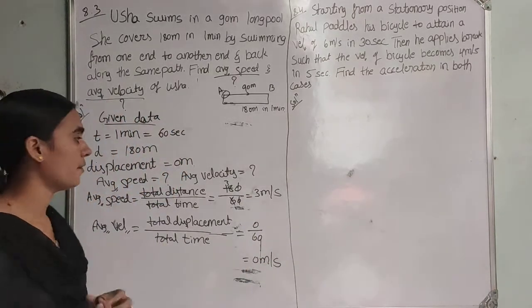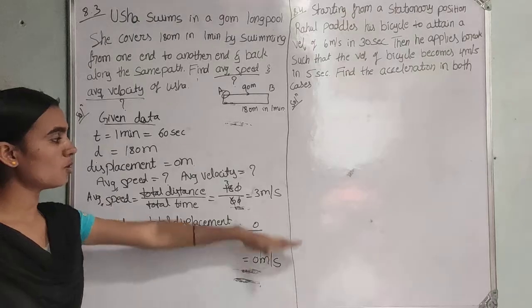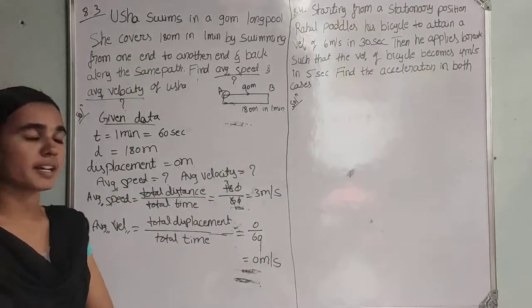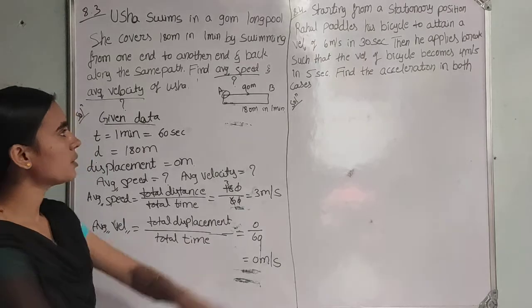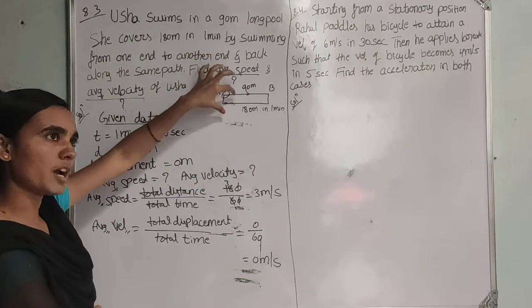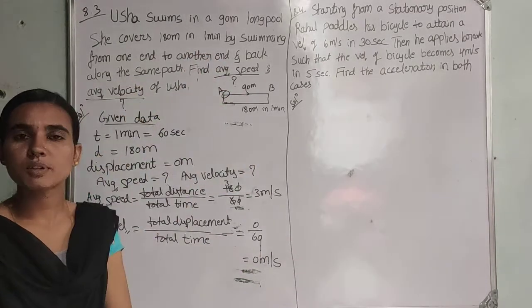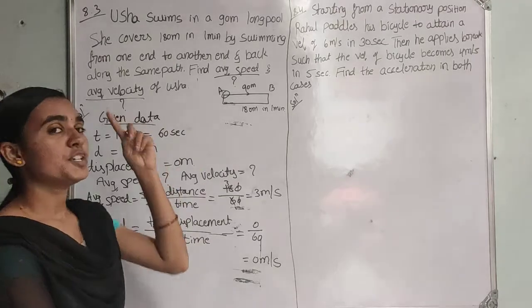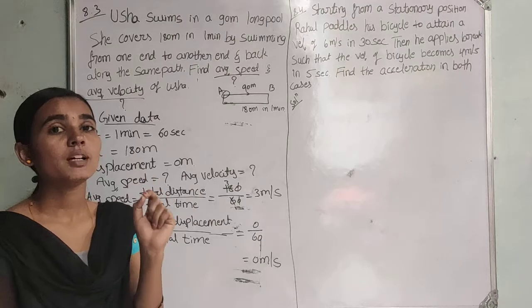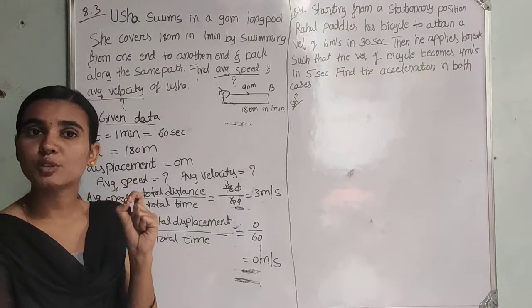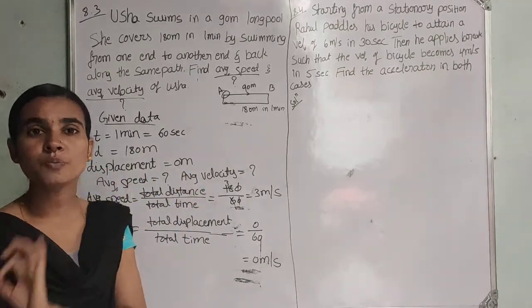So the velocity of Usha is 0 and the speed is 3 meters per second. They may ask why the velocity becomes 0. It is because the displacement of Usha is 0, since she comes back to her original position.